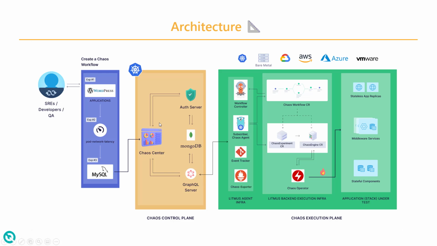Then you can manage your teams and create experiments using the Chaos Hub. Chaos Hub is not shown here, but it is the app store for chaos experiments, where you can leverage the YAMLs to run your experiments. I hope this architecture gives you some idea about LitmusChaos.